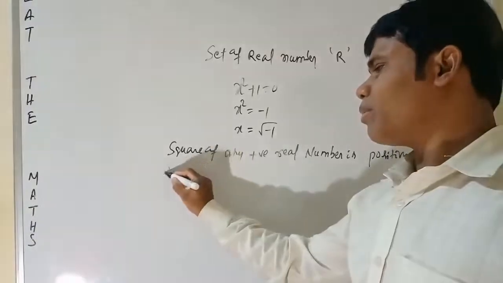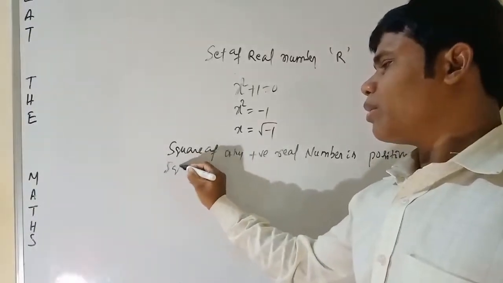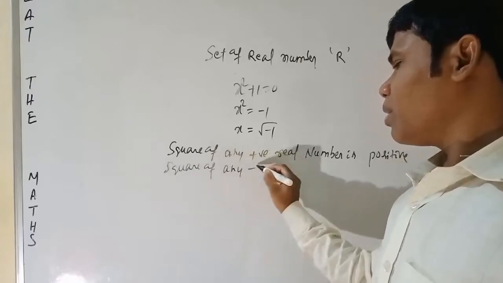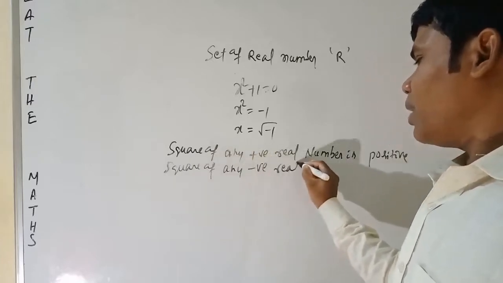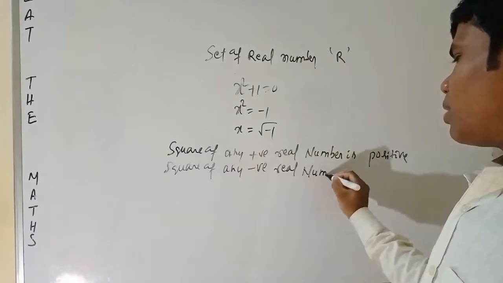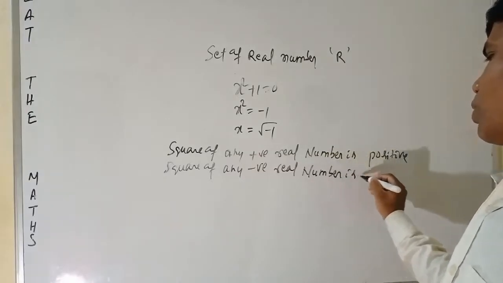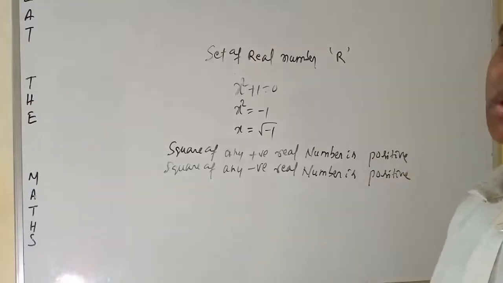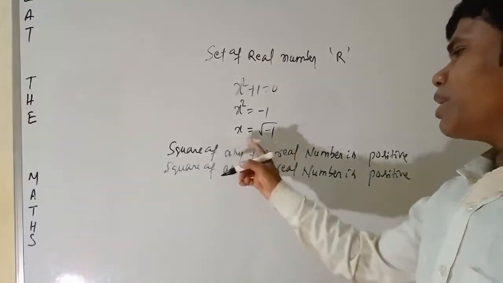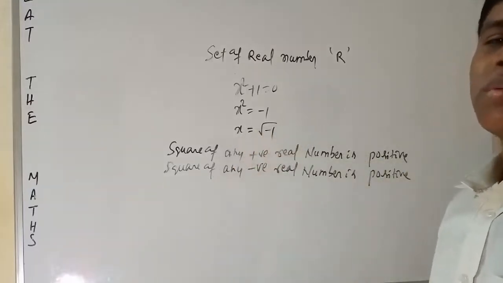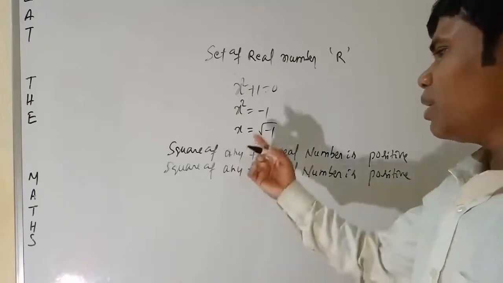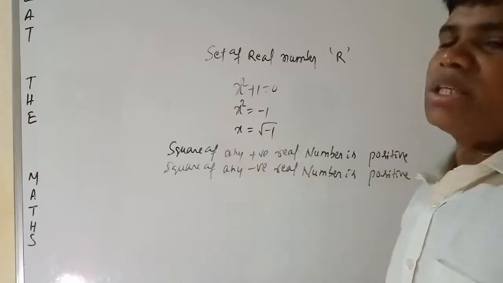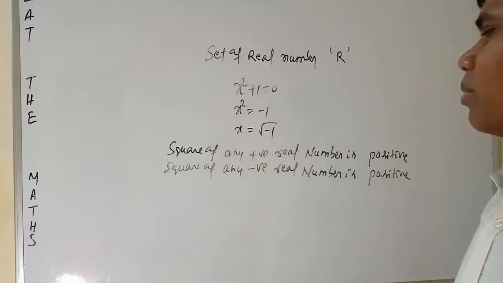Similarly, the square of any negative real number is also positive. Okay, you see, x is equal to square root of minus 1. This is a kind of number, we can say a new kind of number.